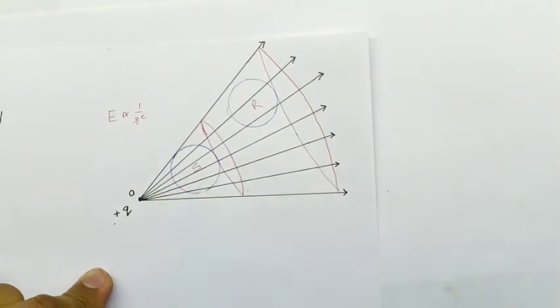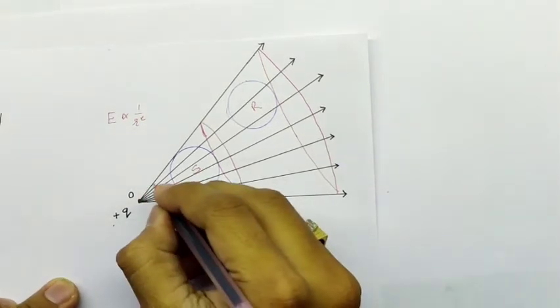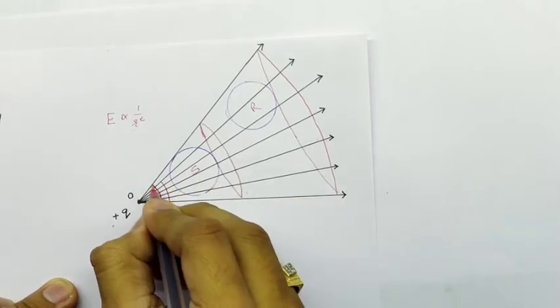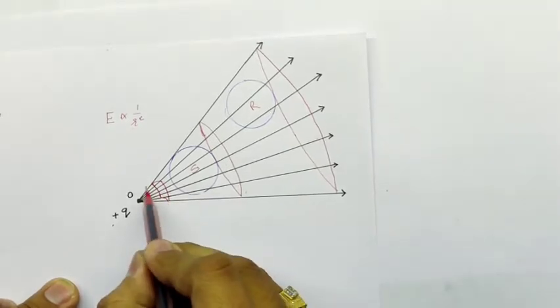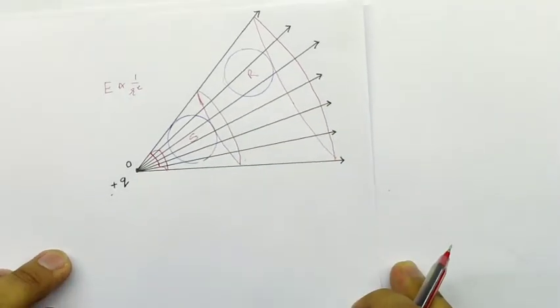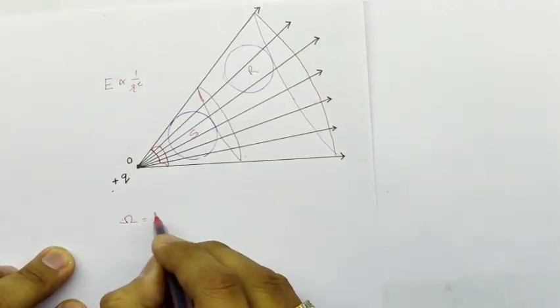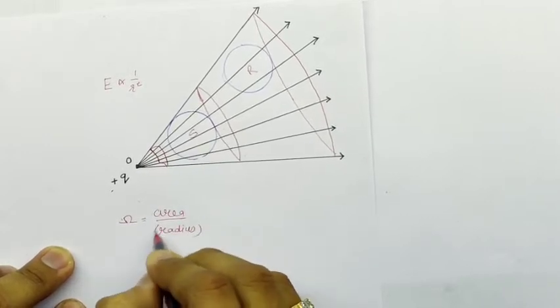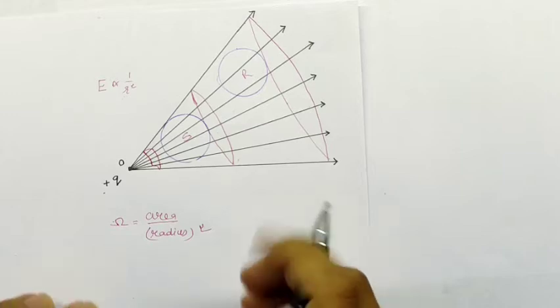Now let's find the solid angle. This is a concept we studied in chapter 2, standard 11. This is a solid angle for the entire surface. What is the definition of solid angle? The definition of solid angle is the ratio of area to the radius square.